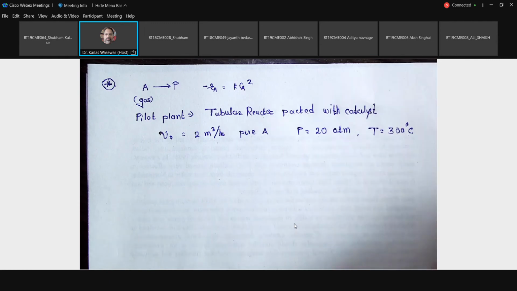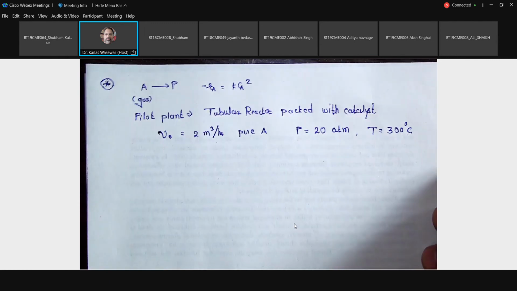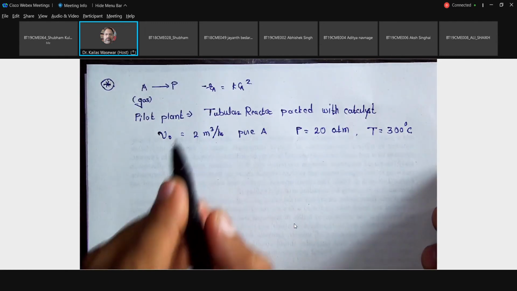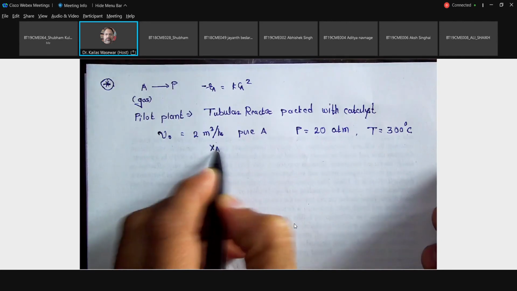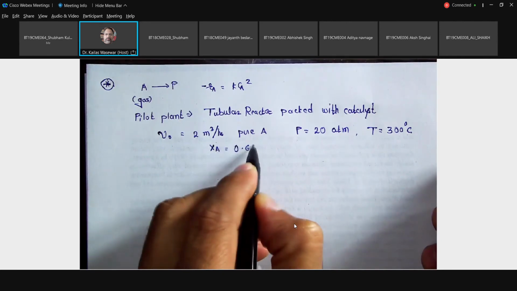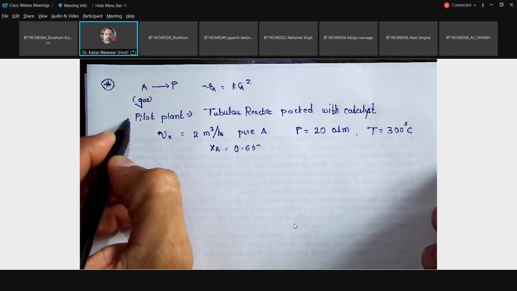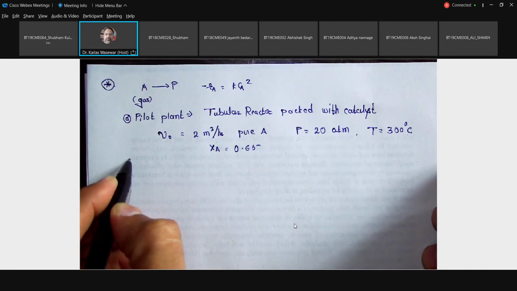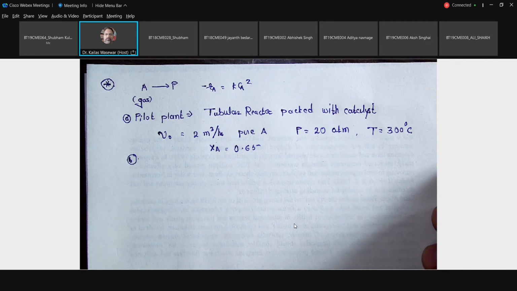So this was the condition, and Xa is around 0.65.